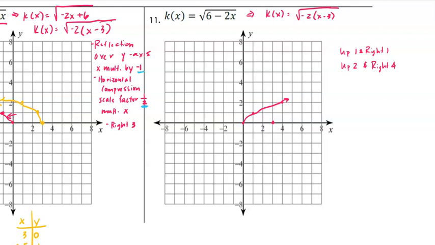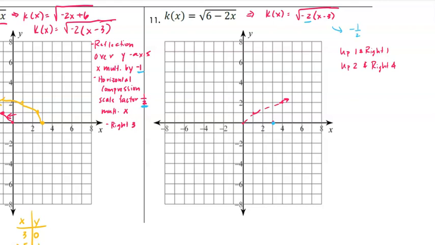So that's the parent function. I'm going to stagger that. Okay, and then, I mean, you can take that negative, that reflection, and you can straight multiply. Okay, but we started at this point now, and instead of going up 1 and right 1, now that -2 is multiplying, or the scale factor is going to be a -1/2.